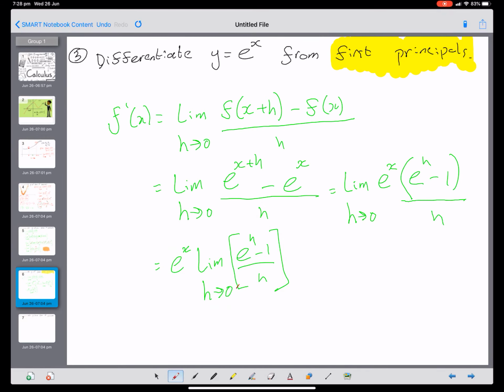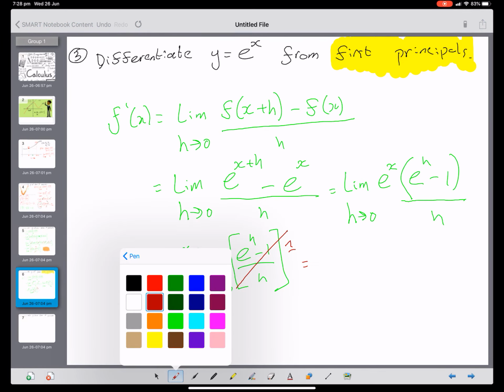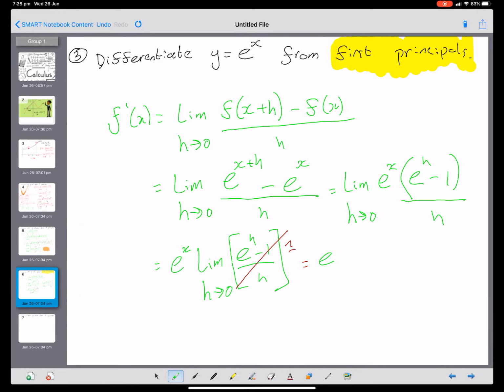That goes to 1. So we're simply left with e to the x multiplied by 1, which is just e to the x. Okay, so you can look up that result of L'Hopital.